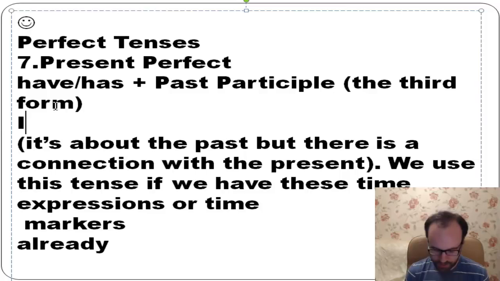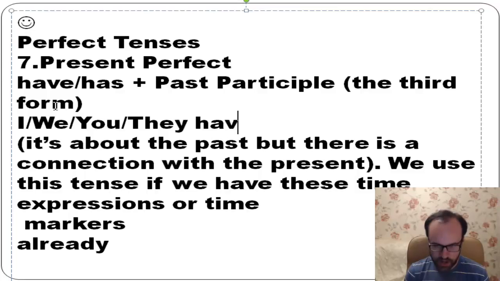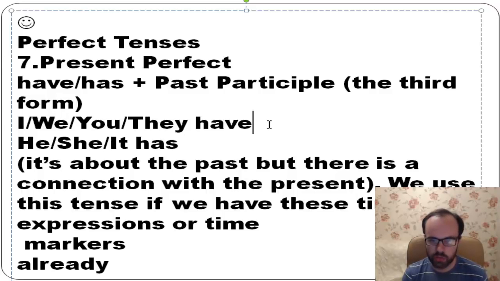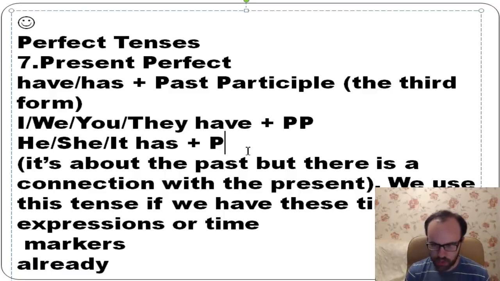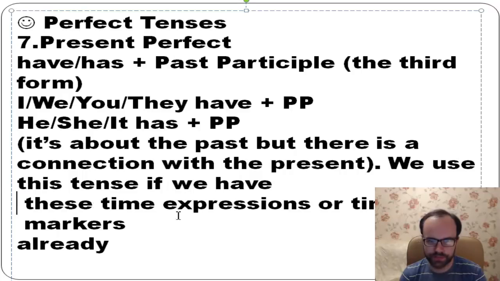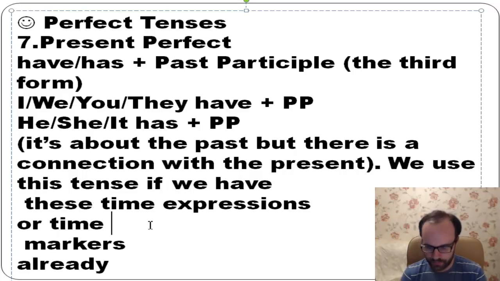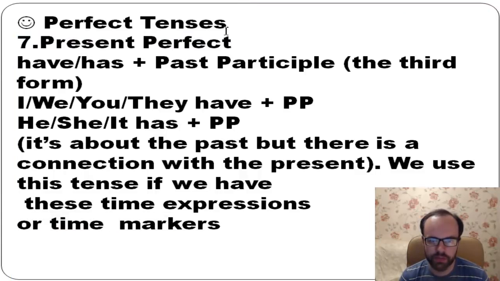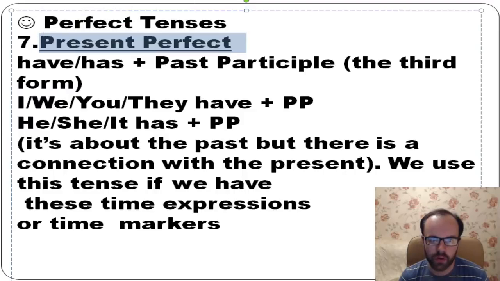So I, we, you, they have, he, she, it has, plus past participle or the third form. So perfect tenses, you see, or time markers. Okay, good, very good. So present perfect, have, has plus past participle, or we call it the third form.